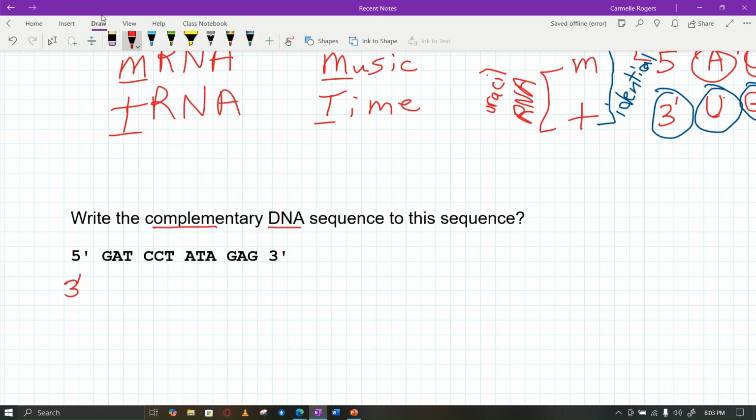The complement for G is C, for A is T, for T is A. And then we have the complement for this C is a G. The next one is also a C at the top, and so that will pair with the G. Then we have an A, then T, A, T, C, T, C. And if the top has 3', then the bottom one will have 5'.